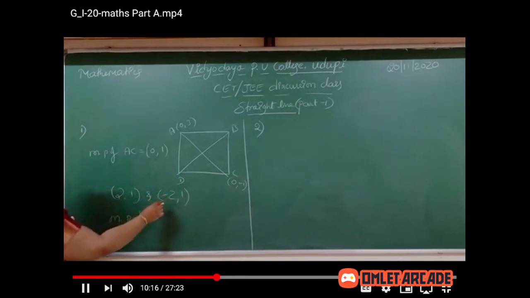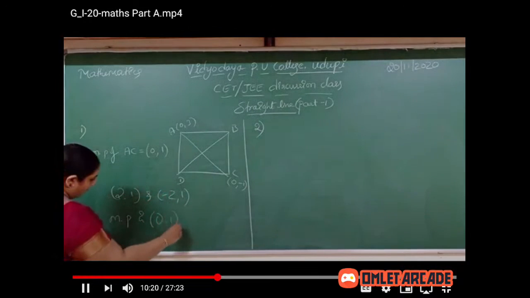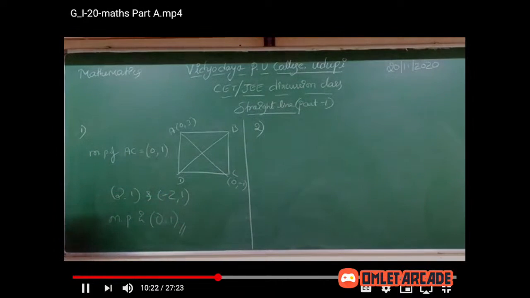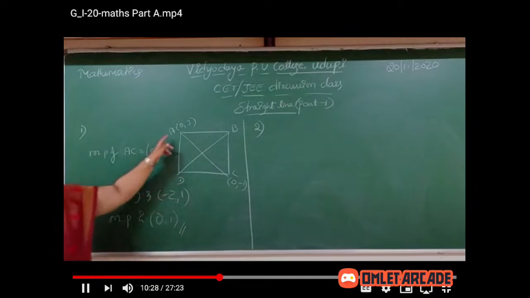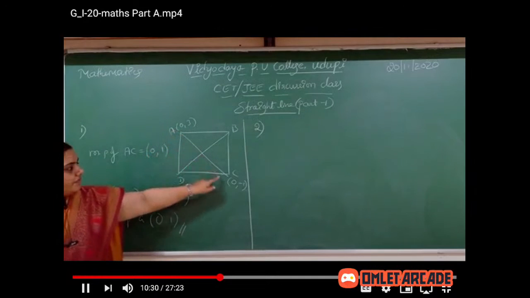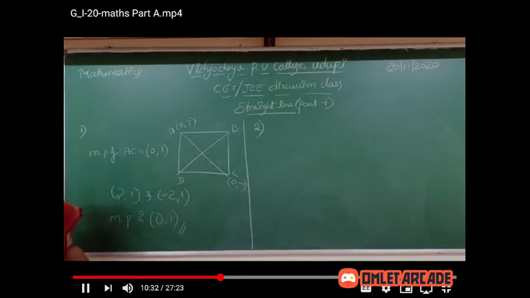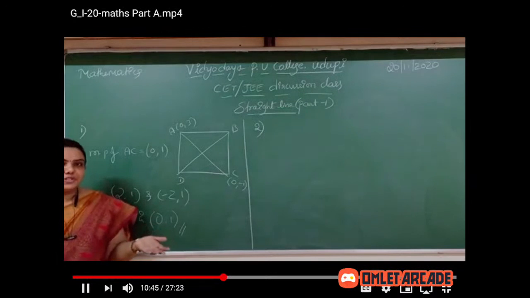Midpoint is 2 minus 2, 0 by 2, 0. 1 plus 1, 2 by 2, 1. I mean, the fourth option satisfies the condition, that is, the midpoint of the particular diagonal. I mean, the midpoint of AC is 0, 1, and if you take BD as 2, 1 and minus 2, 1, its midpoint is also the same, isn't it? So can I say it is the fourth option? I mean, here you are verifying through what? Options.